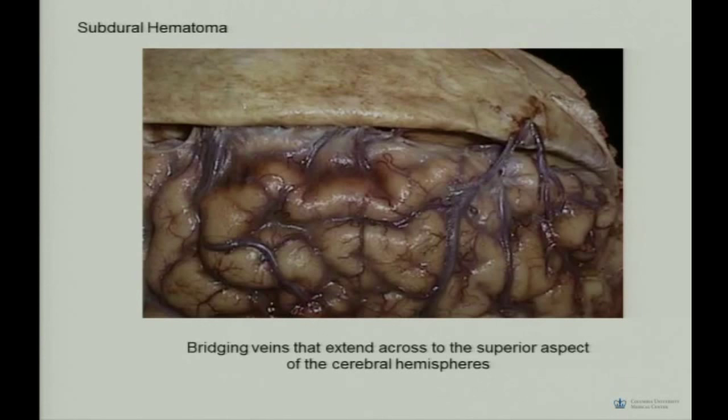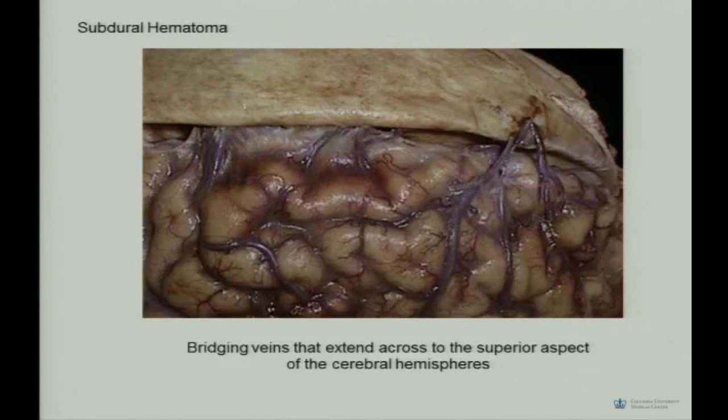And they're draining blood from the cerebral cortex. And they're draining that blood into a very large blood vessel at the top of the skull called the central sinus, right? It's down the sagittal plane of the skull.